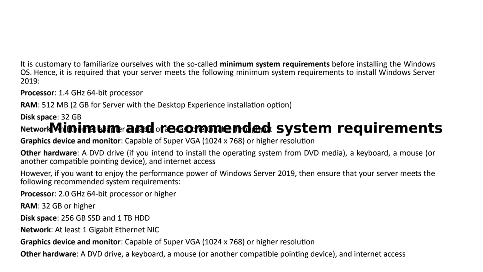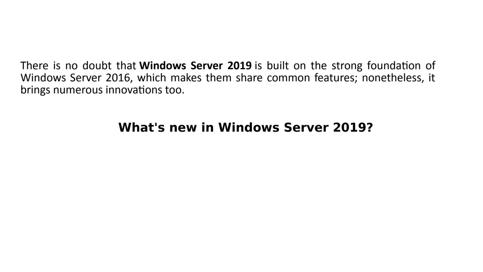Of course, SSD is more efficient than HDD, you know that, and it's more expensive. And you should have a network cable and so on. So as we can see, Windows 2019 is much stronger than Windows 2016.